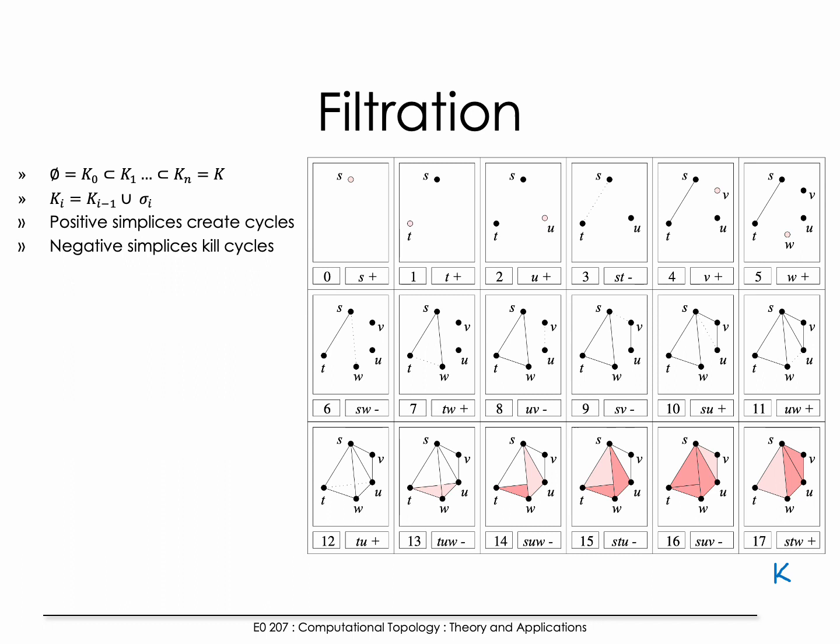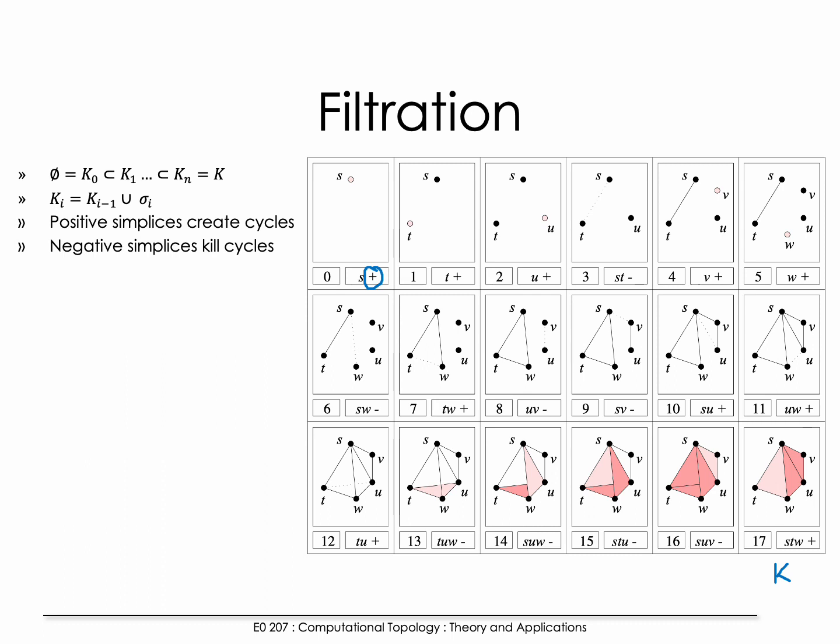So we begin with insertion of a single vertex. Now we know that a single vertex creates a 0-cycle. So this is termed as positive, as is denoted here. And the simplex that is inserted is also written as a label for this box.